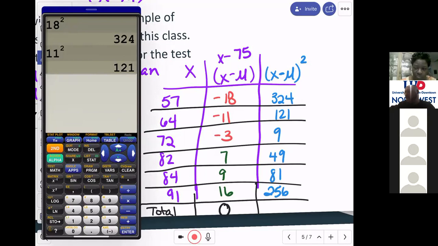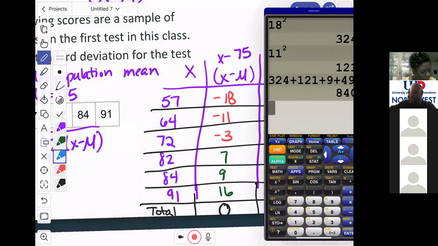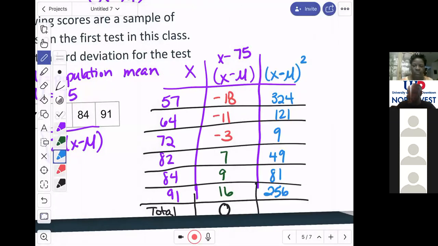And now, because they're all positive, we can just add them all up. Anybody remember what we got when we did that? I feel like it was like 480 or something. 840. So we get 840 when we do that.